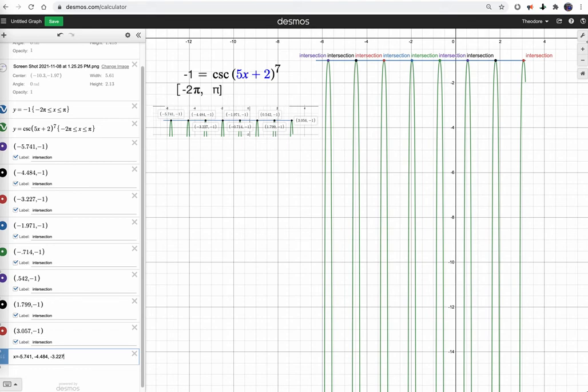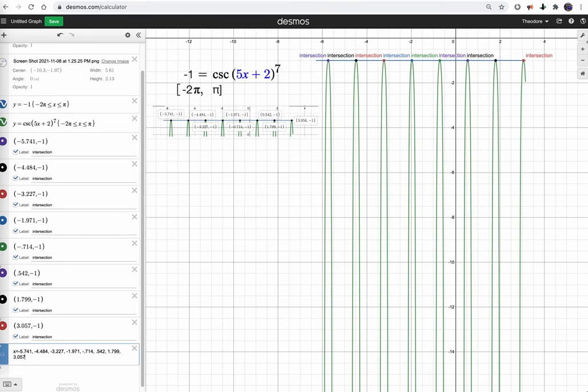Actually, for this problem, that one could be debated, but in general. Then 0.971, negative 0.714, 0.542, 1.799, 3.057. All right.